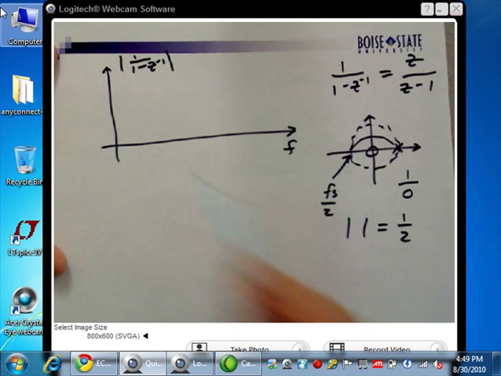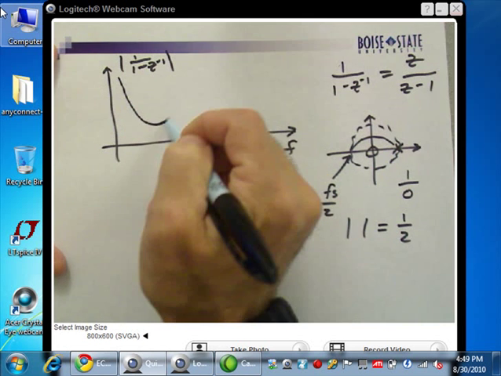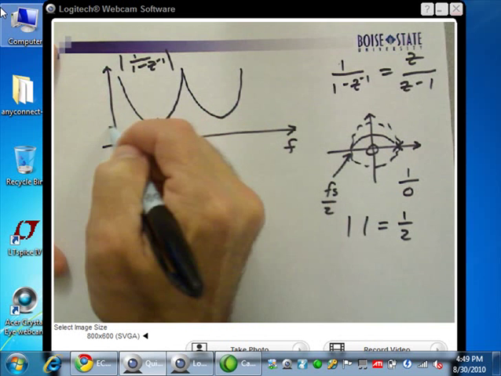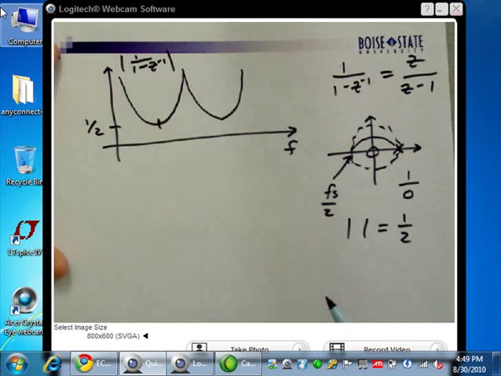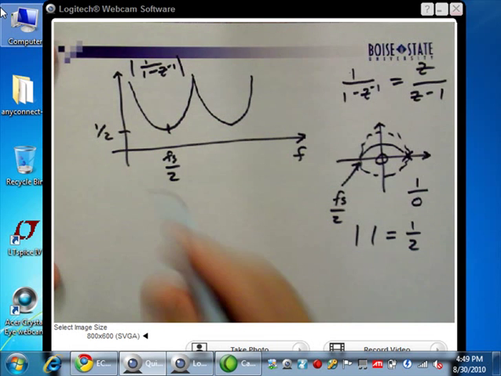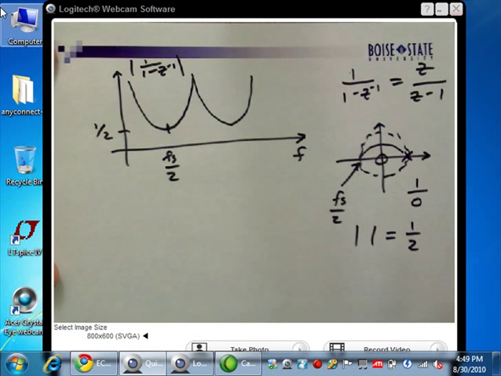And if I plot this, if you recall, I get a response which looks like this, where this is 1/2, and that occurs where? Yeah, fs over 2. And then at DC it blows up. Now, any questions?